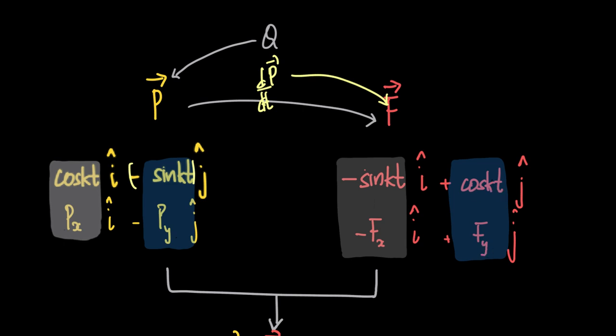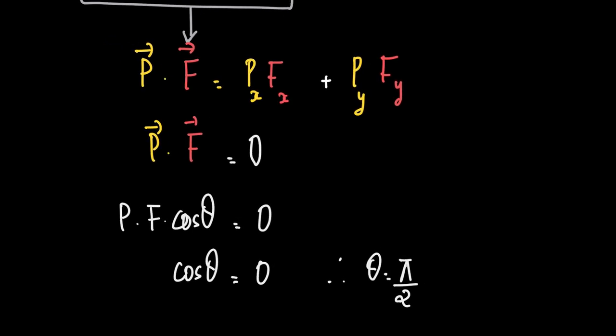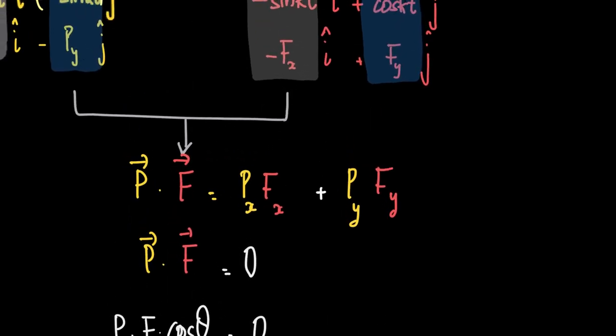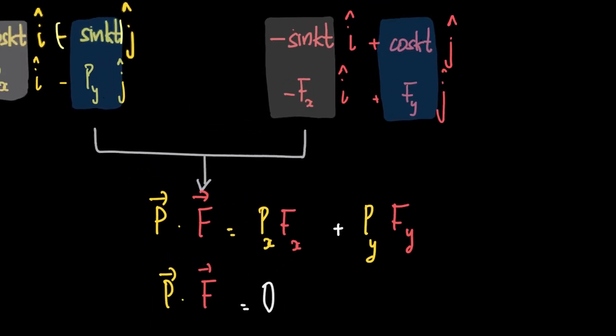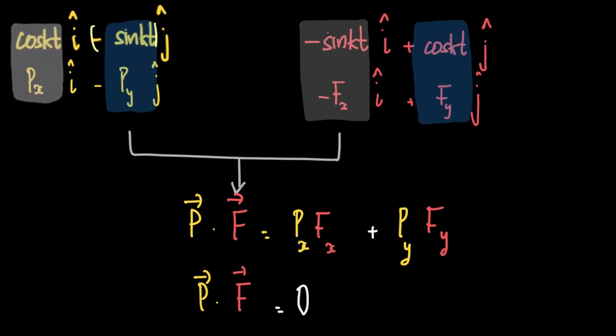Okay. Now, when we find vector p dot vector F, the dot product, it is px fx plus py fy.